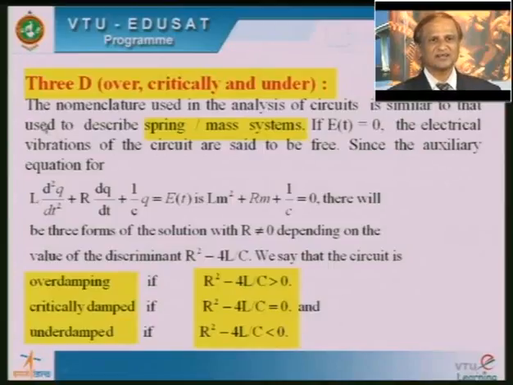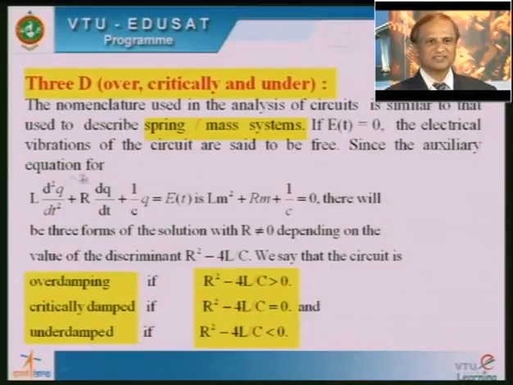Is it clear? Right. So before that, the nomenclature used in the analysis of circuits is similar to that used to describe the spring mass system. Is it clear? I have already solved a similar type of equation in case of a spring mass system, right. As I have mentioned, if you replace E of t by 0, the electrical vibrations of the circuit are said to be free, right.